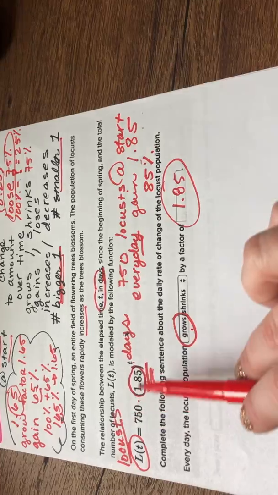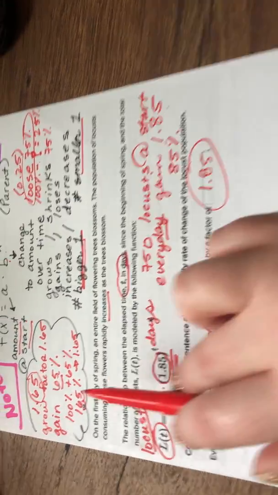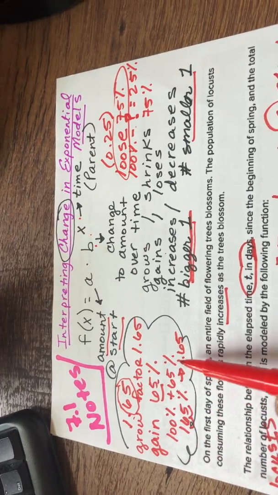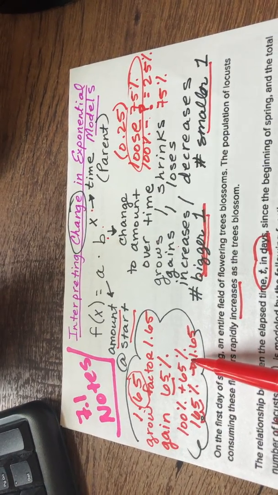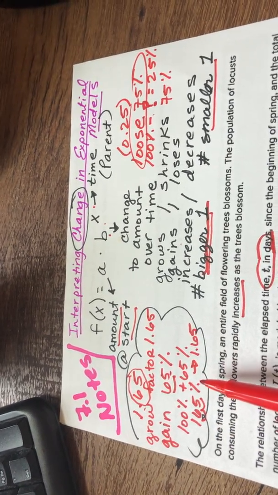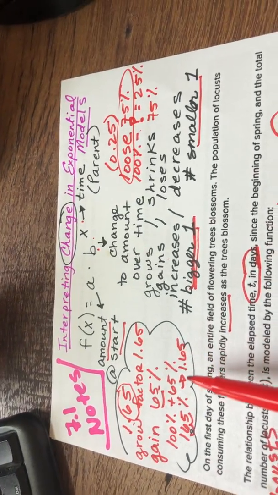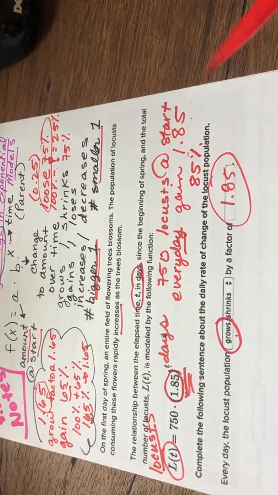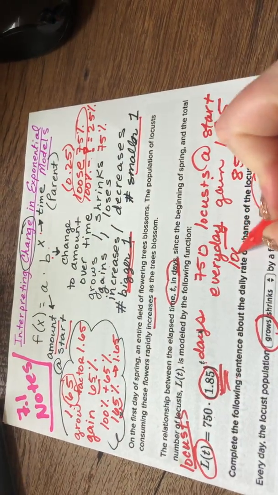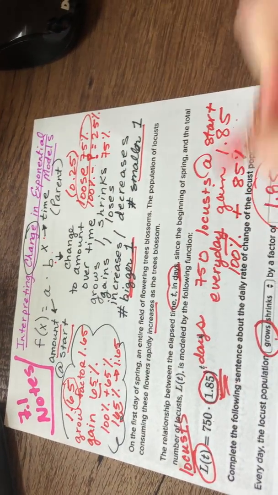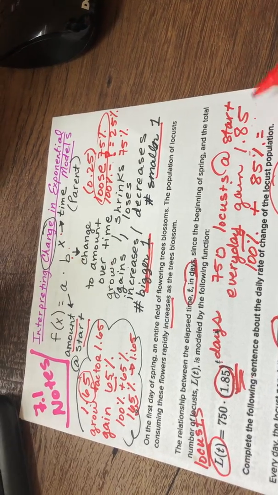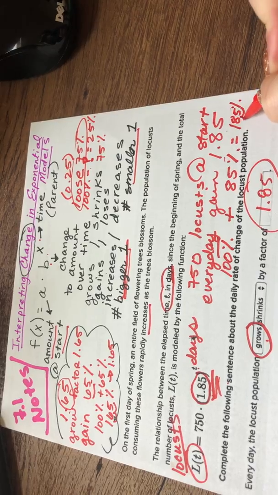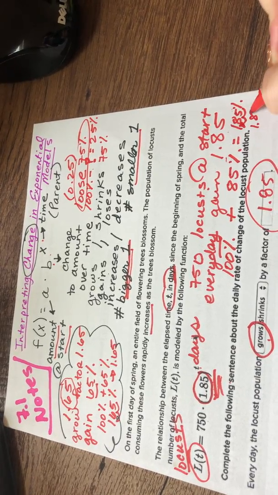Or if we're talking about percentages, remember earlier when I said 1.65, it's like 100 plus 65, and that's 165%. Move the decimal, 1.65. Okay. So this 1.85 is really 100% plus 85%, which is 185%, and then move the decimal twice to the left, and that's how you get 1.85.